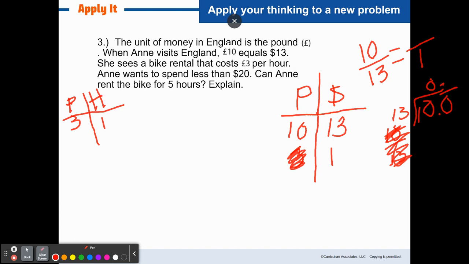You can divide that if you would like to. It's not going to be what we call a nice decimal. It's just going to keep going and going. So decimals are not the best way to go with this.